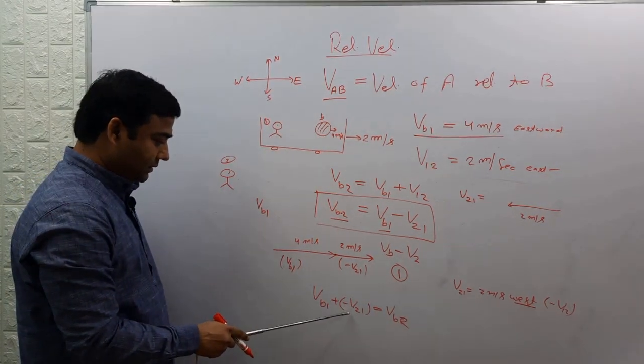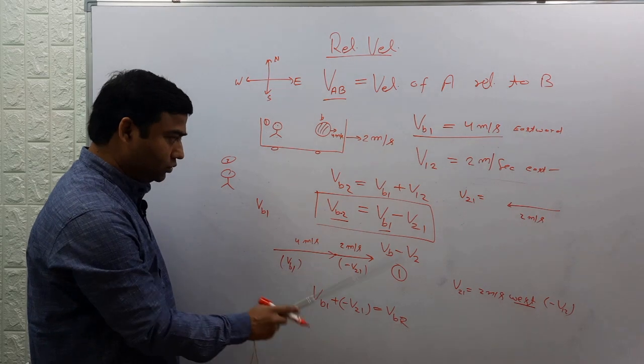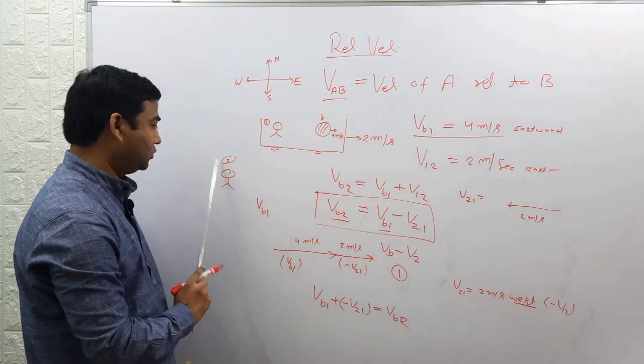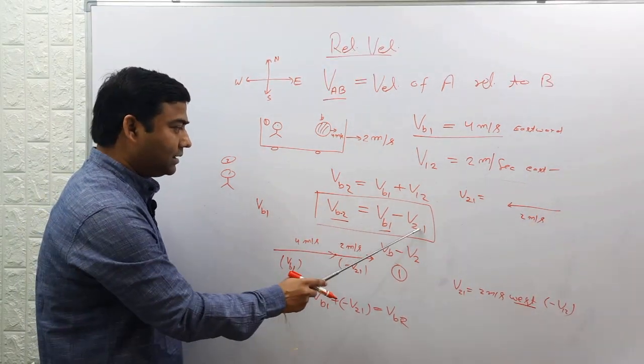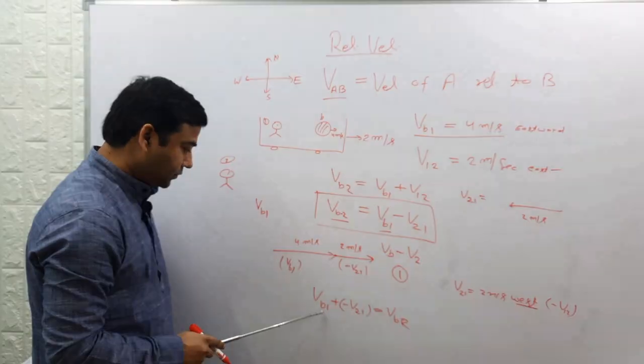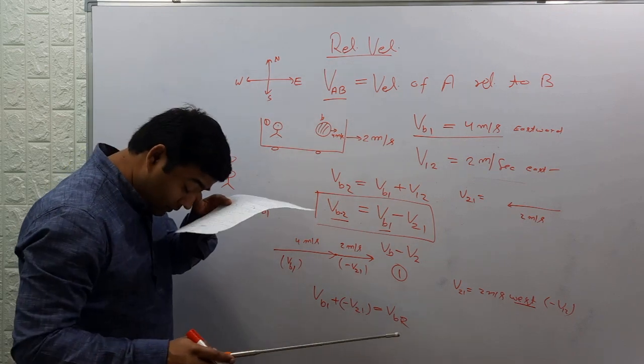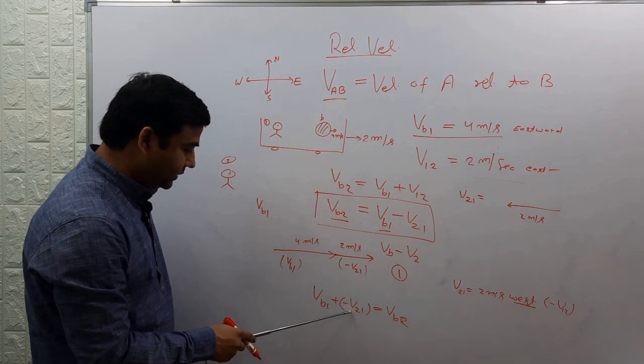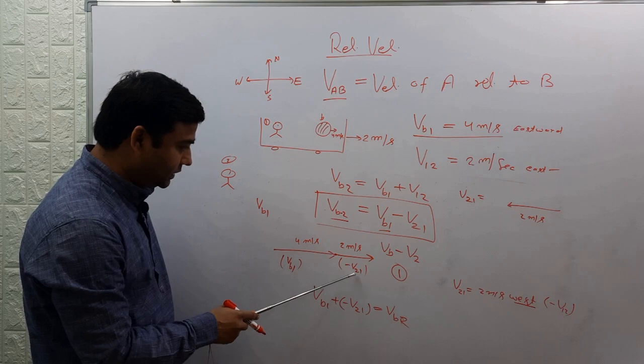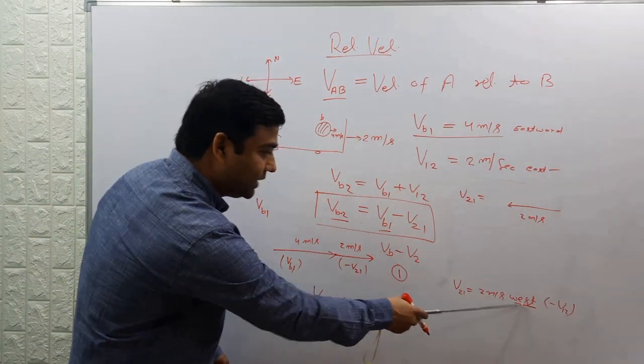We are finding VB2, the velocity of the ball with respect to observer 2, by the subtraction rule. VB1 is known, minus V21. We have derived vector minus V21 because V21 is toward west.